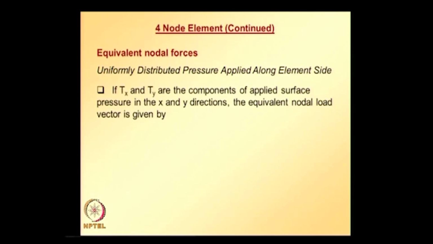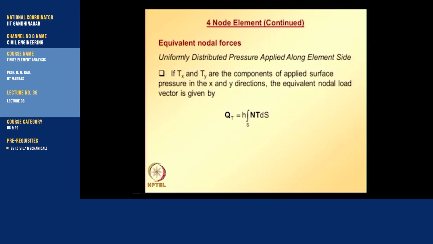If Tx, Ty are the components of applied surface pressure, and surface pressure is the same as surface traction, in the x and y directions, the equivalent nodal load vector is given by this one. So, here we need to substitute N, which is nothing but the shape function matrix of all the shape functions along that particular side along which the pressure is applied.